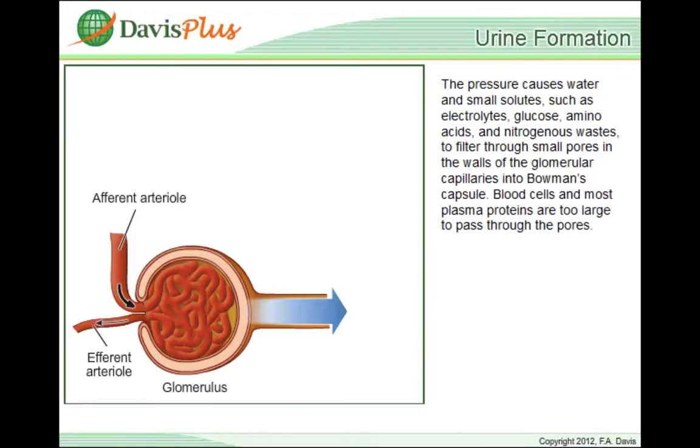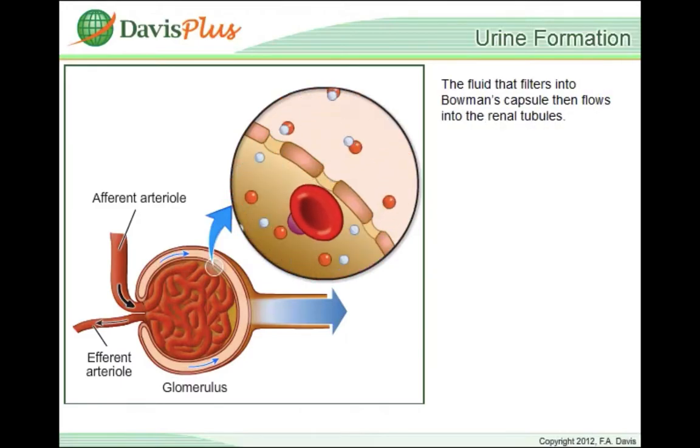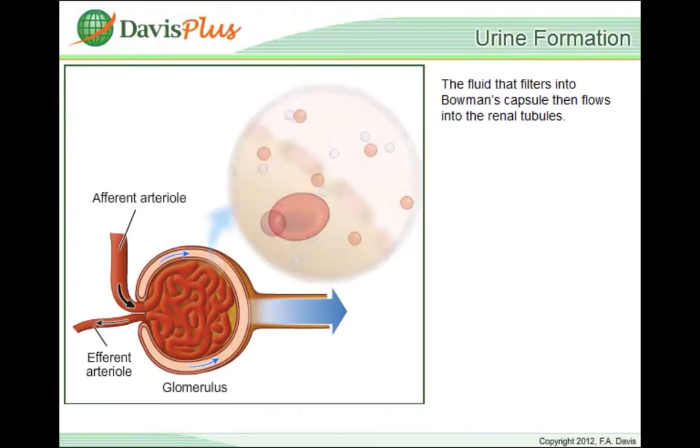The pressure causes water and small solutes, such as electrolytes, glucose, amino acids, and nitrogenous wastes, to filter through small pores in the walls of the glomerular capillaries into Bowman's capsule. Blood cells and most plasma proteins are too large to pass through the pores. The fluid that filters into Bowman's capsule then flows into the renal tubules.